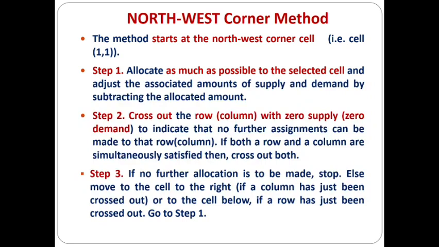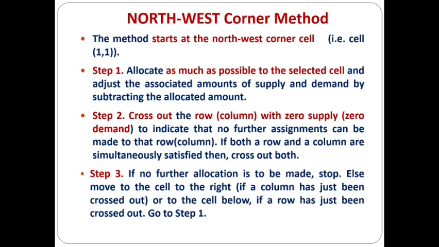If no further allocation is to be made, stop; else move to the cell to the right, or the cell just below if a row has just been crossed out. Otherwise, go to step 1 and repeat the same procedure until no further allocation is to be made. This is the procedure to be followed to find the initial basic feasible solution.